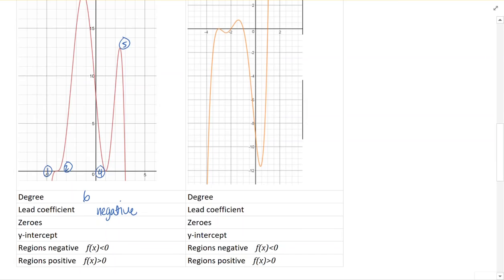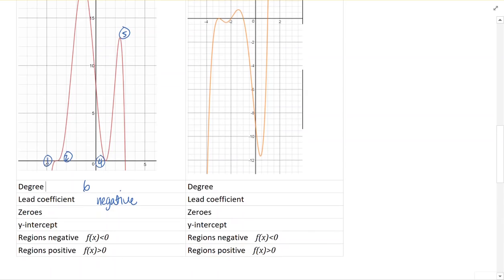There is a zero at x equals -4, right here. And we have zeros at 1 and at 3. Okay, those are our zeros. And the y-intercept is this point right here, which is at y equals 8.